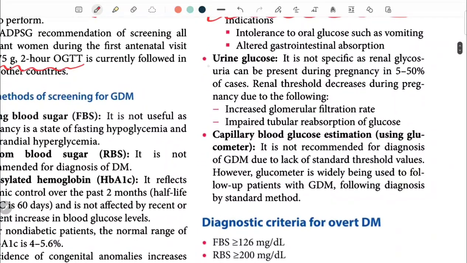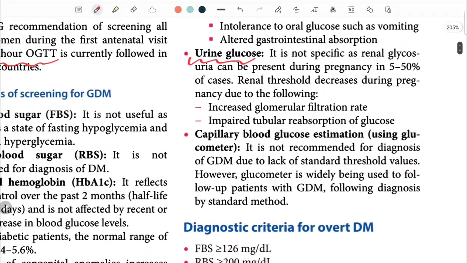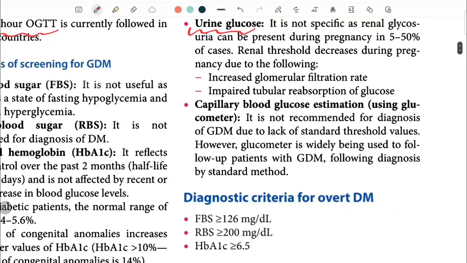Urine glucose is not specific, as renal glycosuria can be present during pregnancy in 50% of cases. Renal threshold decreases during pregnancy due to increased glomerular filtration rate and impaired tubular reabsorption of glucose. Next, capillary blood glucose estimation using a glucometer. It is not recommended for diagnosis of GDM due to lack of standard threshold values. However, a glucometer is widely used to follow up patients with GDM following diagnosis by a standard method.